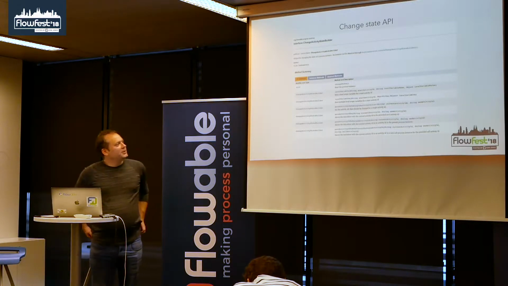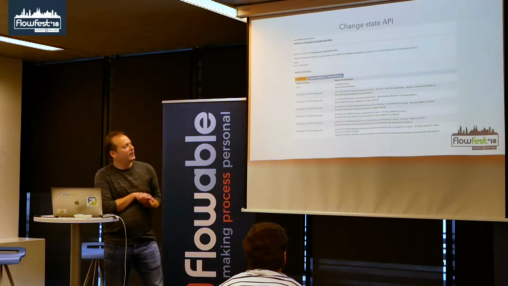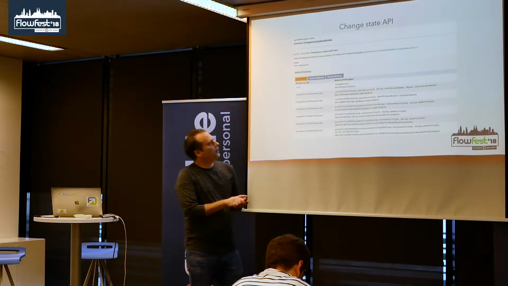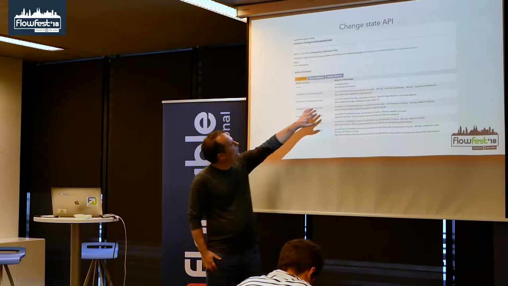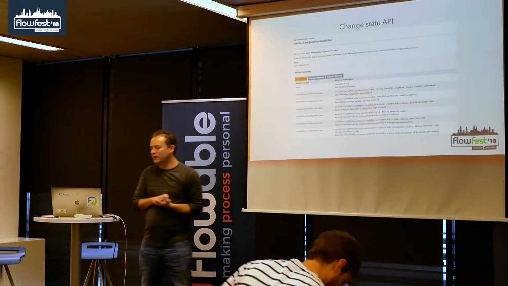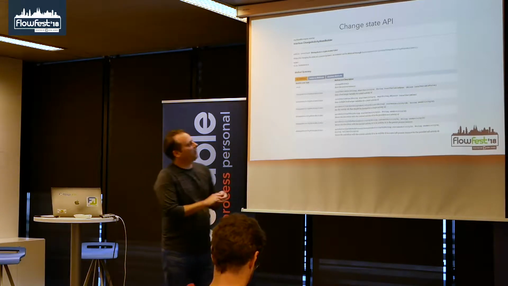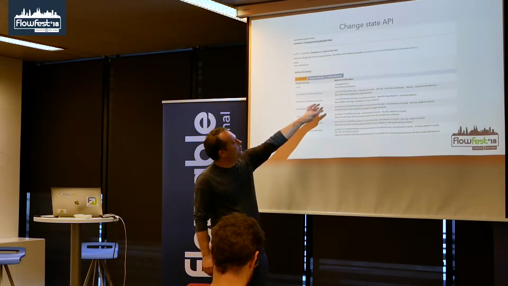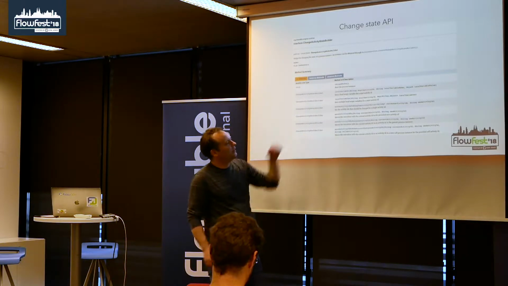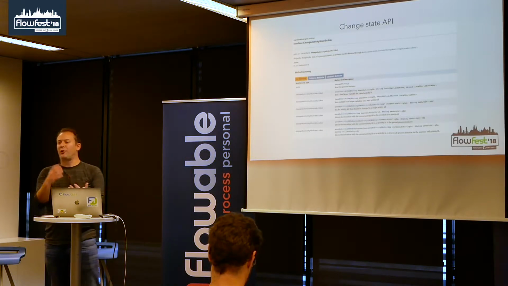So looking at this change state API, that's the API we currently already have. On the runtime service, there's an opportunity to create a change activity state builder, and on the change activity state builder, you can say, I want to move this activity ID to a new activity ID, which basically means I want to move from user task ID 1 to user task ID 3, for example.